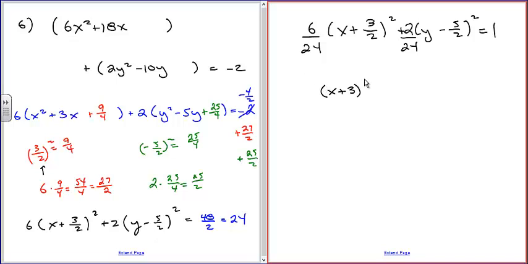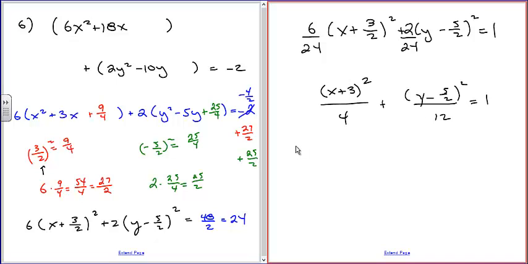So you can see this is 4. 24 divided by 6 is 4, so you get 4 here, and 24 divided by 2 is 12, so we get y minus 5 halves squared divided by 12 equals 1.